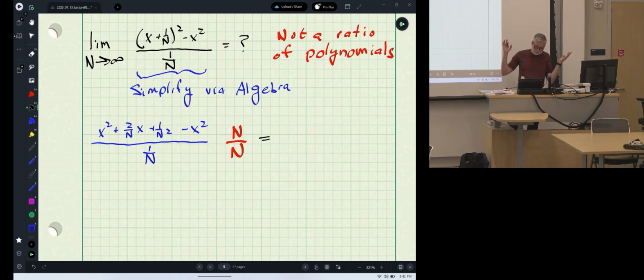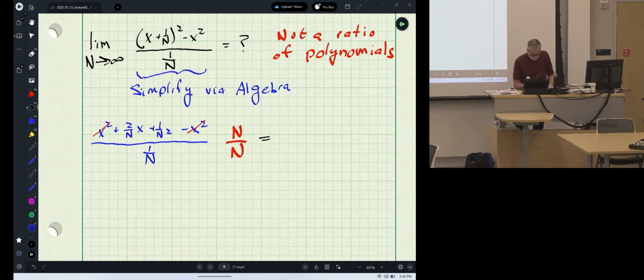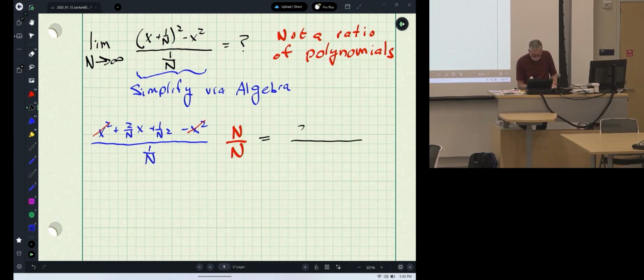So when you're confronted with something like that, simplify, turn it into a ratio of polynomials, and then you can evaluate your limits. Okay, so this x squared and this one cancel, and then we can see how the n's cancel for us, and we end up with 2x plus 1 over n, and this is over 1, so that equals 2x plus 1 over n.